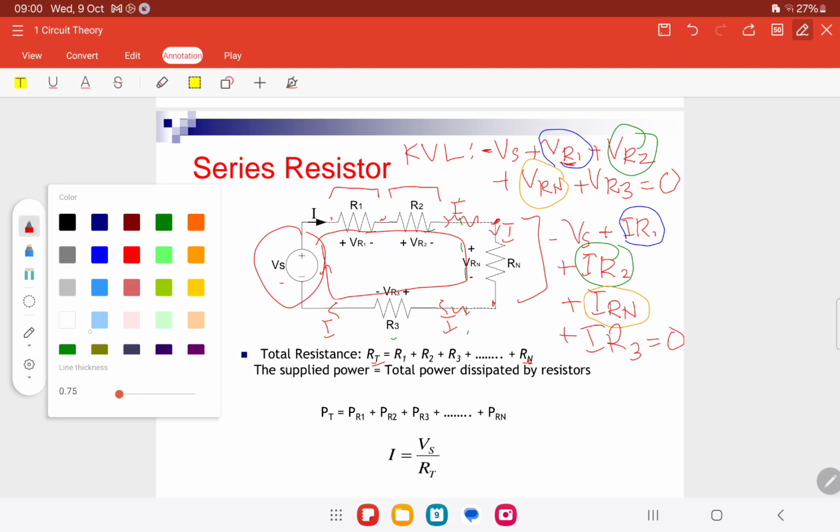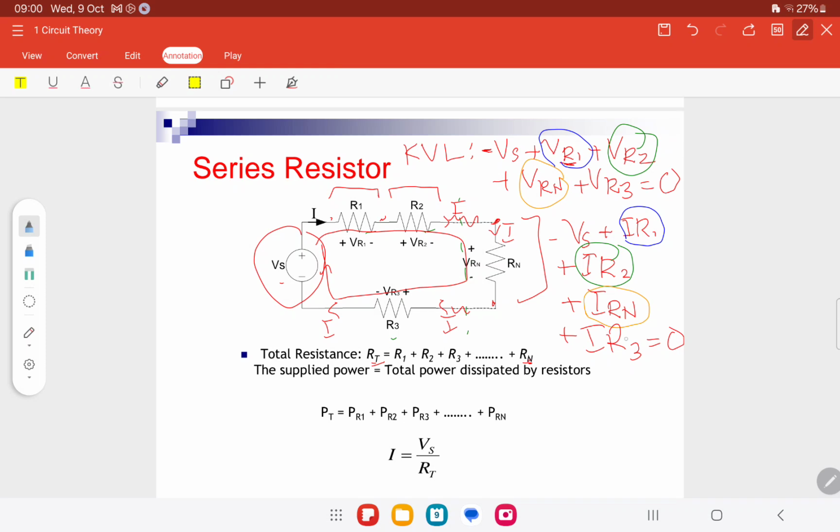Okay, so IR3 is VR3. Okay, this is basic lah how to do the KVL. Sebenarnya KCL pun sama. Kalau KCL, kalau tadi kita ambil V, kalau KCL kita ambil I. Tapi lagi senang kalau guna V lah, because voltage source kita is V.